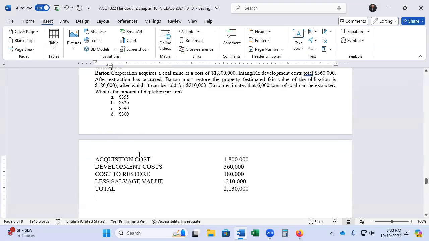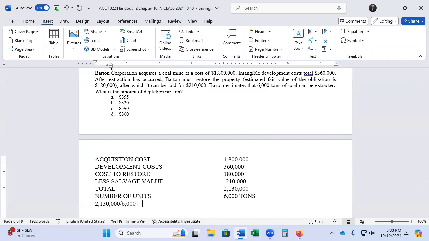And so we have the number of units is 6,000 tons. And so we take the 2,130,000 and we divide it by 6,000.